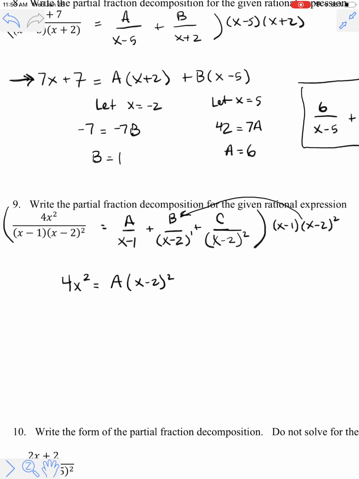When the LCD multiplies there, one of these x minus 2's cancels with only one of these x minus 2's. So then b would multiply with the x minus 1 and one of the other x minus 2's. Now when this multiplies here, the x minus 2 squares would cancel, so c is multiplying x minus 1.